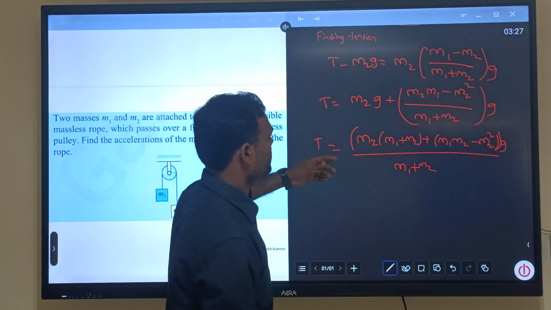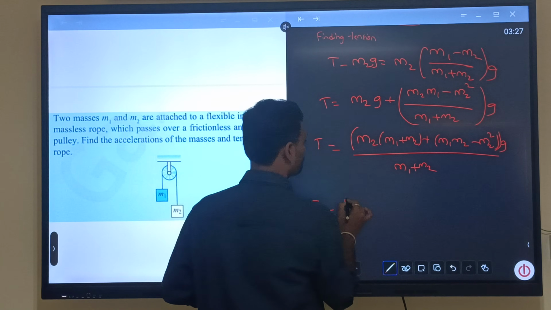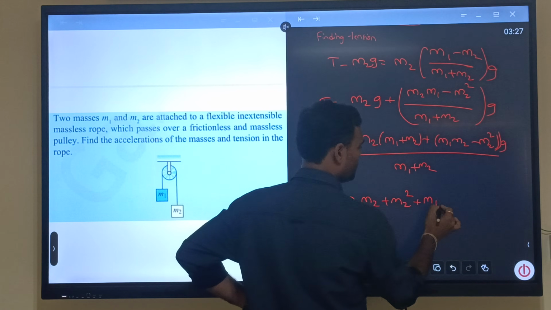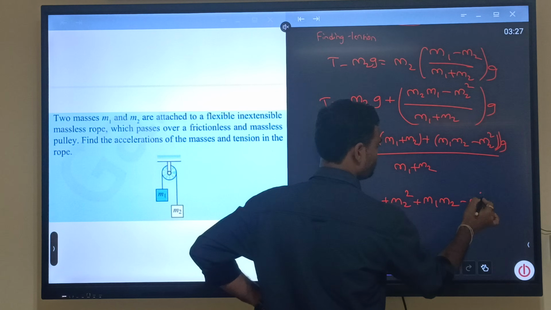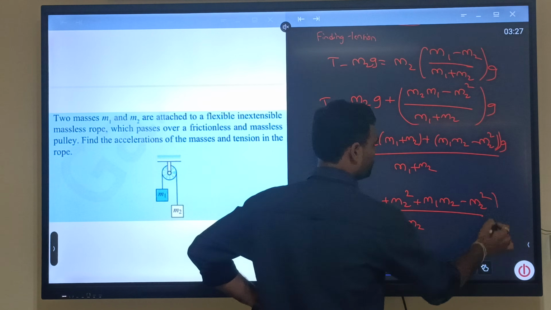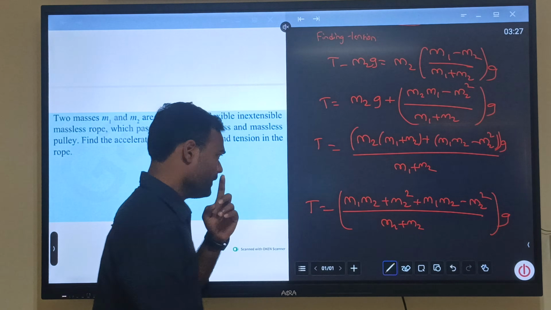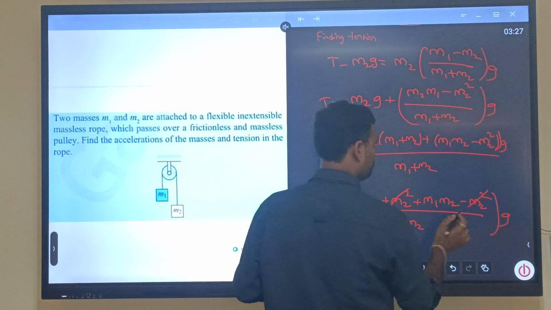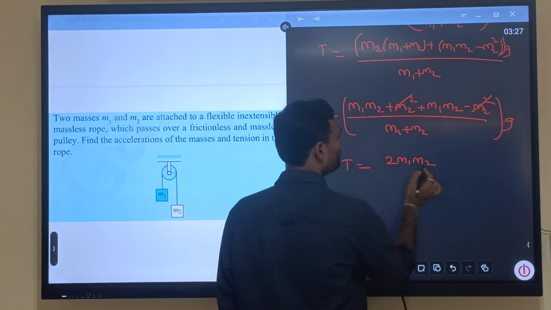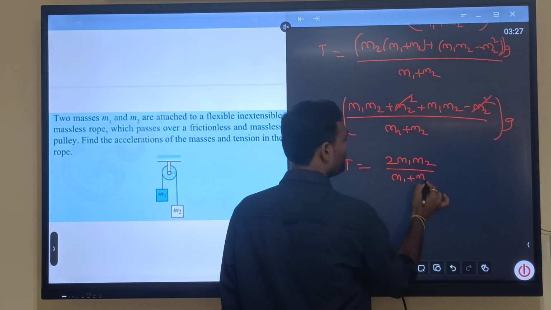Clear? Then these terms will get cancelled and the tension value becomes 2M1M2 by (M1 plus M2) into G.